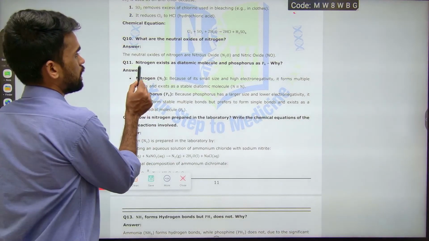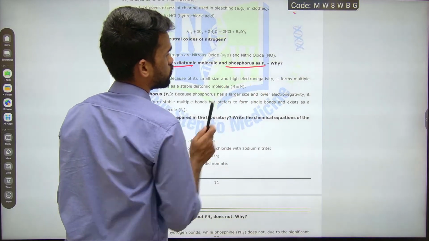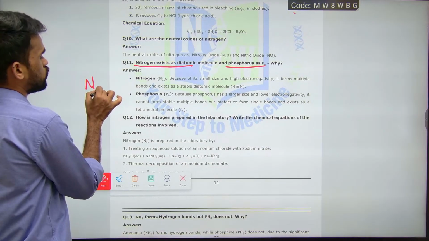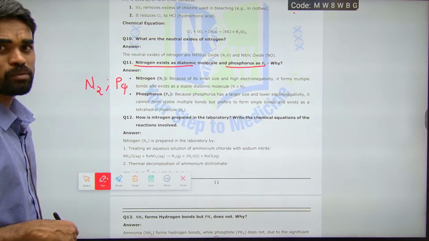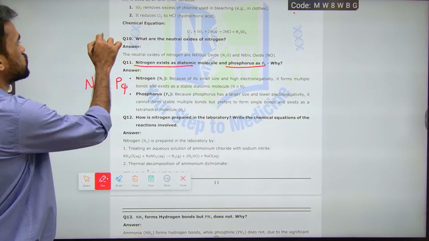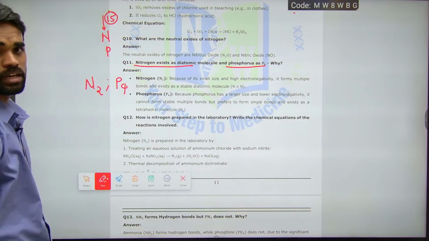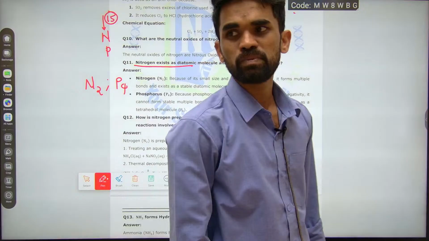Next, nitrogen exists as a diatomic molecule, whereas phosphorus is a P4 tetraatomic molecule. Why is it so? We know nitrogen is written in N2 form, whereas phosphorus is in P4 form. What makes the difference? Nitrogen and phosphorus belong to the same family, group 15 only, right? So why is nitrogen in diatomic form, whereas phosphorus has a P4 form?